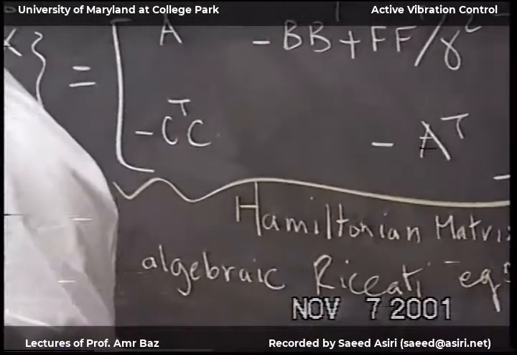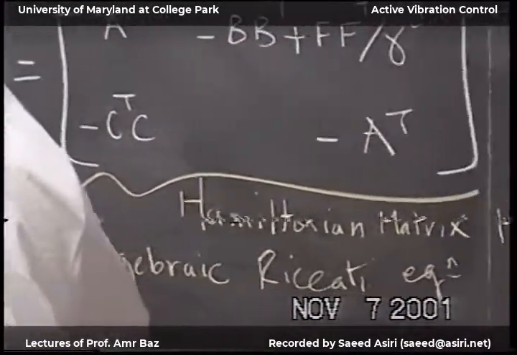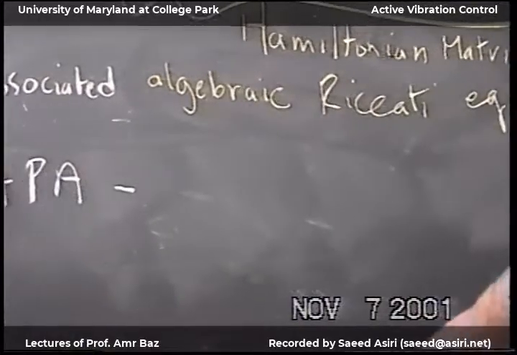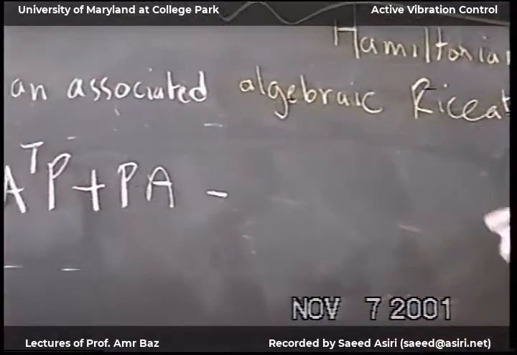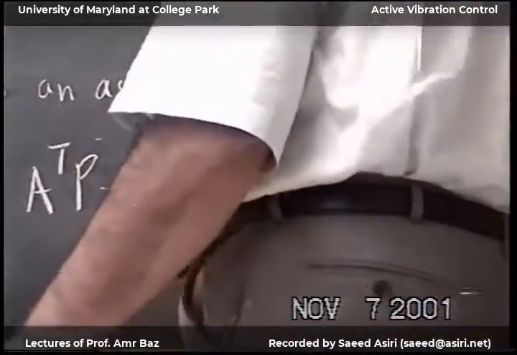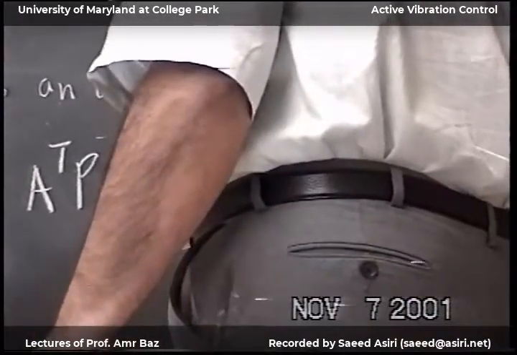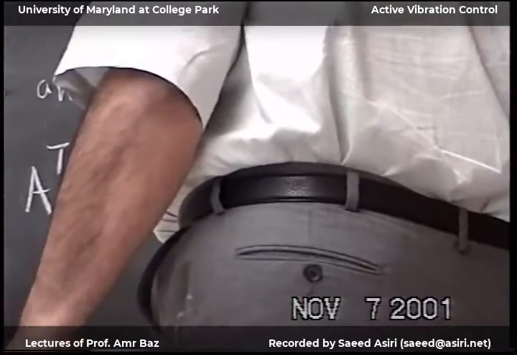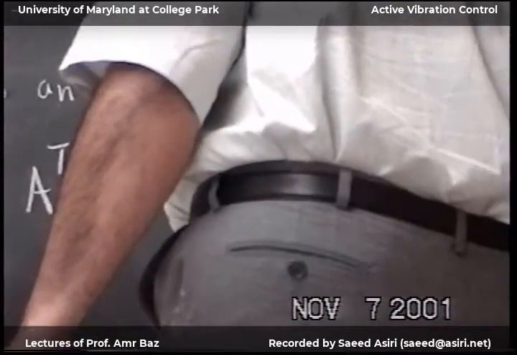This is A transpose P plus PA, and we have minus B, B transpose minus F transpose over gamma squared.